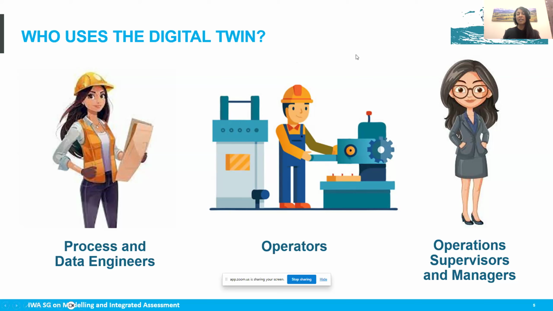Operators can use it as a tool for informing of how the process will be affected with set point changes, and also as a training tool for new operators who might want to understand how the process reacts to different changes in the facility. And then also operations supervisors and managers can use this tool for optimization, reducing costs, and just getting an idea of the performance of the facility under different conditions.